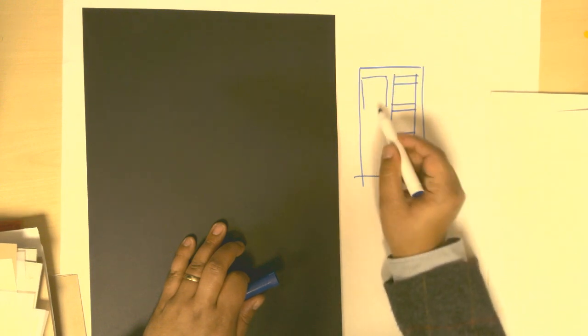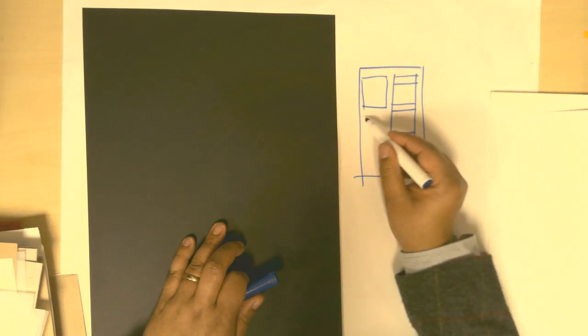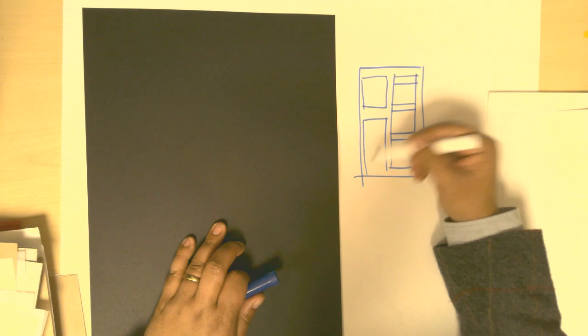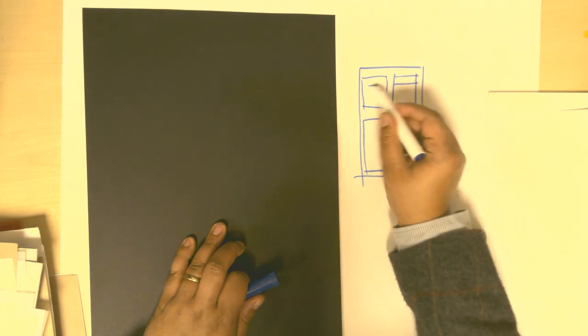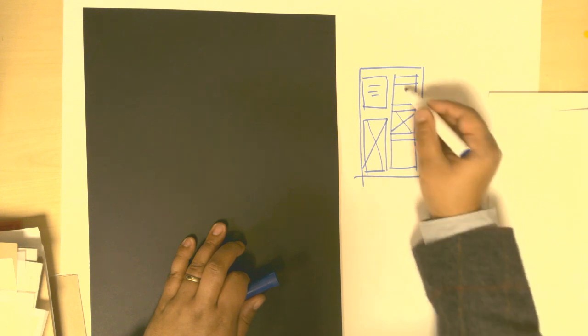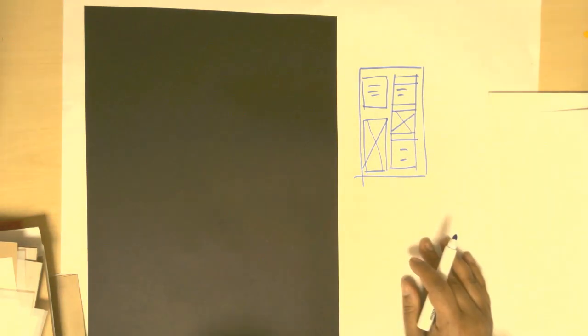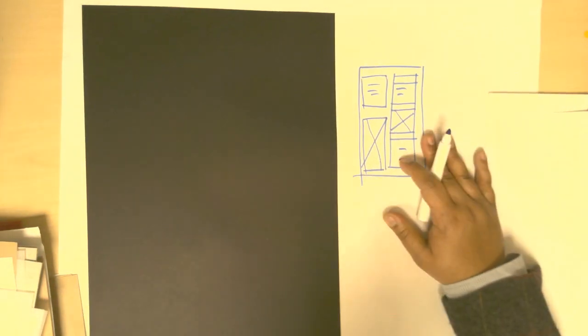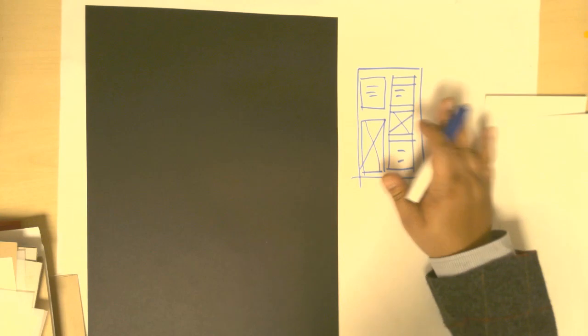So really getting students to think about what that information might be. So again, layouts. Before I even get the students to present, I get them to think about layouts.